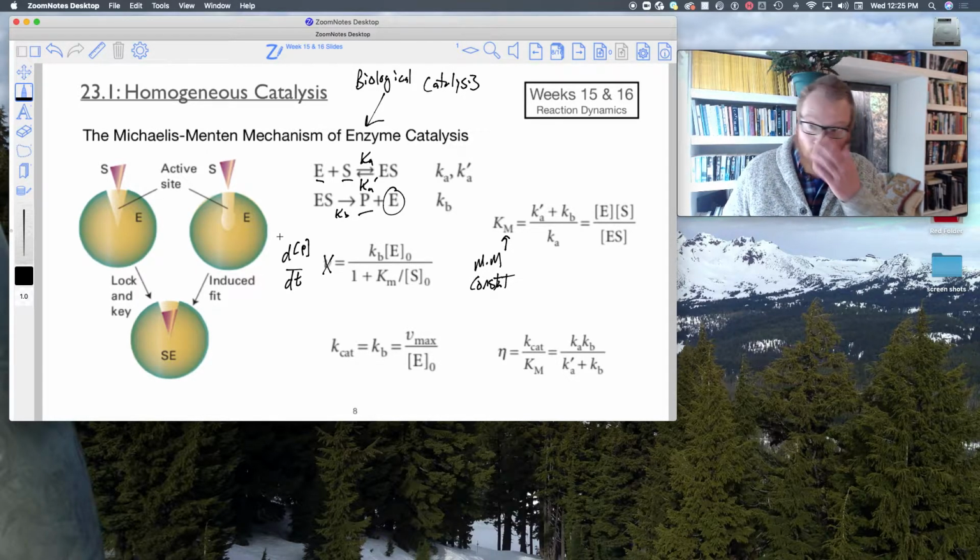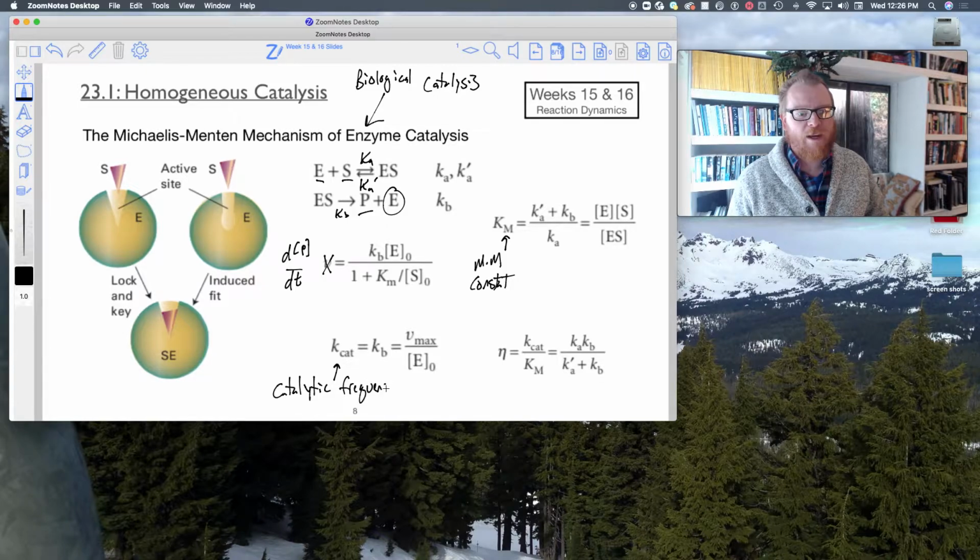The important thing to note, the reason why I want to describe this chemistry, is I want to talk about catalytic efficiency and turnover frequency. As it turns out, kcat, this is our catalytic frequency, or we could think of this as our turnover rate.